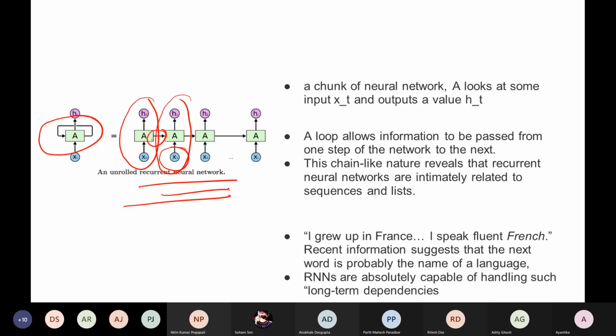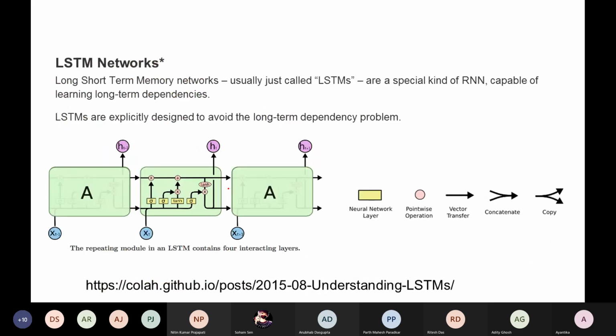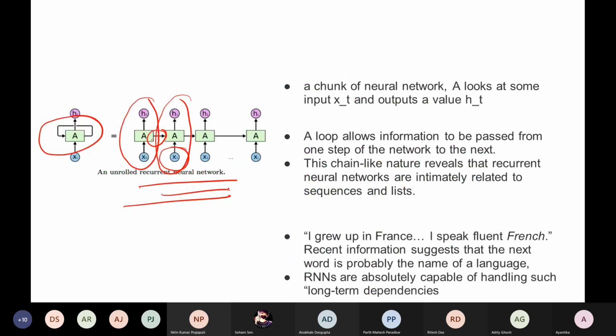Even though I have not described anything yet, you can understand that in this network you have some input coming from the present time, and you have some input that is the output based on the previous temporal input. Here one example is given: I grew up in France, I speak fluent French.